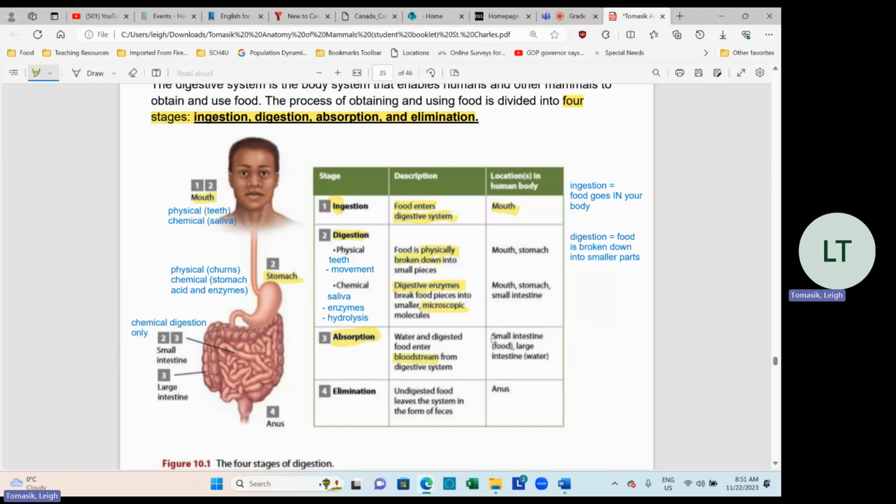And so we have food that gets absorbed in your small intestine, and we have water that gets absorbed by your large intestine. Okay. So fats, lipids, carbohydrates, right, are considered food.